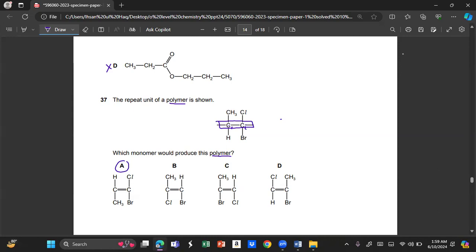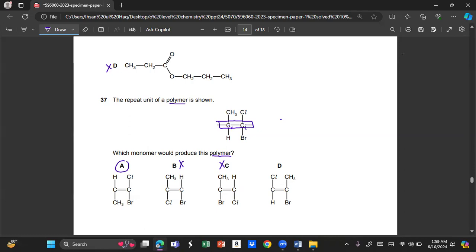This structure contains a carbon attached to CH3 and Cl. CH3 and Cl, there is no such option in the monomer repeating unit given. Similarly, option C, this carbon has CH3 and Br, CH3 and Br. No, this is also incorrect because this is not similar to this.